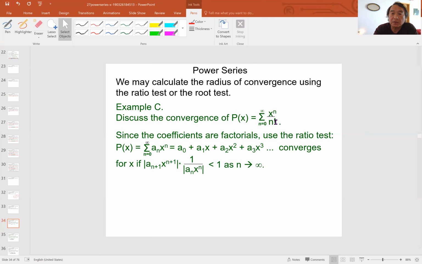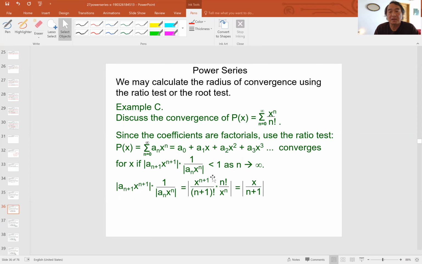By the way, the coefficient for n plus 1 is (n plus 1) factorial. So x^(n+1) over (n plus 1) factorial, times the reciprocal of the term a_n, which is n factorial over x^n. Cancel everything, and I wind up with x over n plus 1.